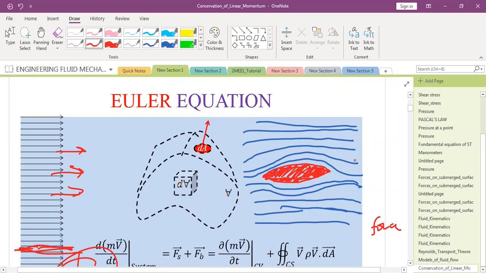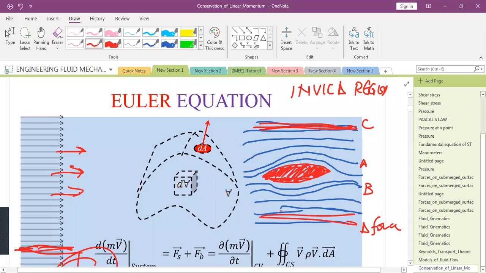So now my question is, I am marking here A, B, C, D. Which is the inviscid region of flow? C and D. So this region is inviscid region of flow.